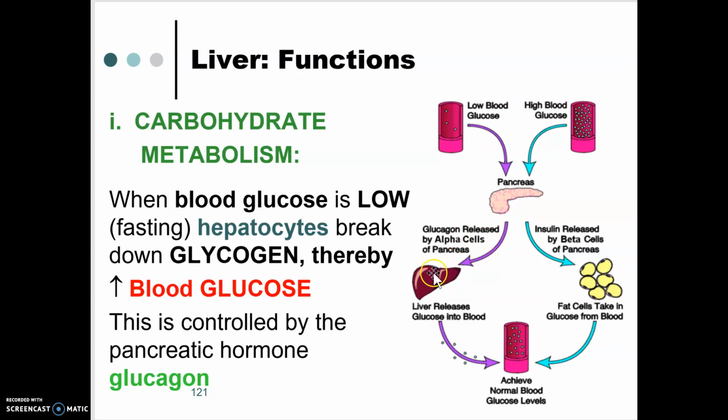Glucagon will have its receptors in the liver. Once the glucagon arrives in the liver, the message is to break down glycogen, and when it breaks down glycogen, it releases glucose, and that glucose travels into the bloodstream to bring blood glucose to a normal level. So this is just one example of how the liver controls metabolism.